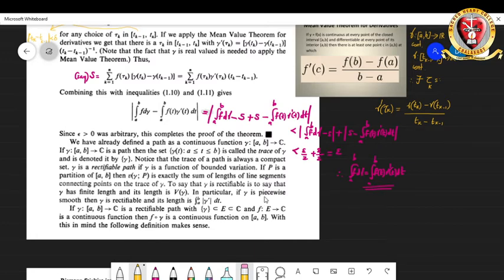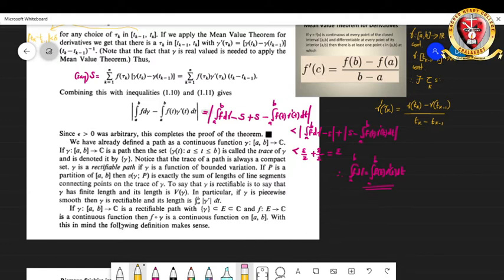And also, if γ is piecewise smooth, then γ is rectifiable and its length is nothing but the integral from a to b of the modulus of γ'(t) dt. So this is an important set of definitions coming here.